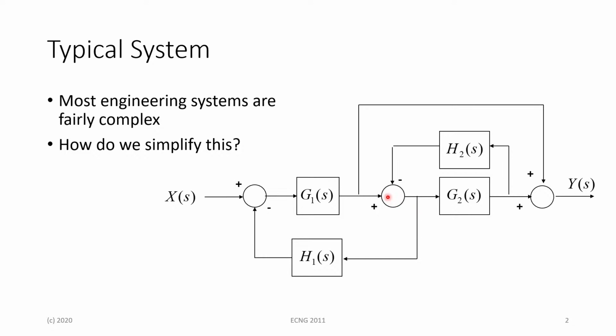And the question is, when you have something that looks this complex, how do we simplify this in order to get an overall transfer function mapping our output, y of s, to our input, x of s? That's what we're going to be focusing on in today's lecture: the techniques and strategies used to reduce this into one simple block that represents the entire transfer function mapping y of s to x of s.